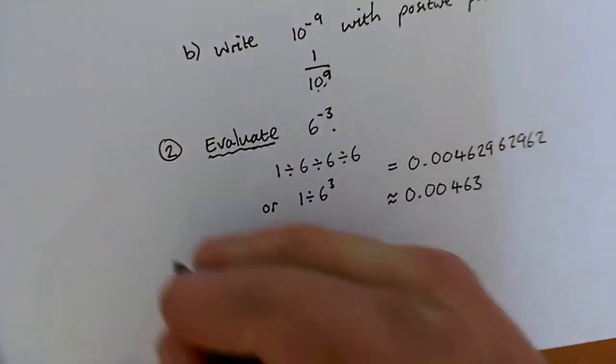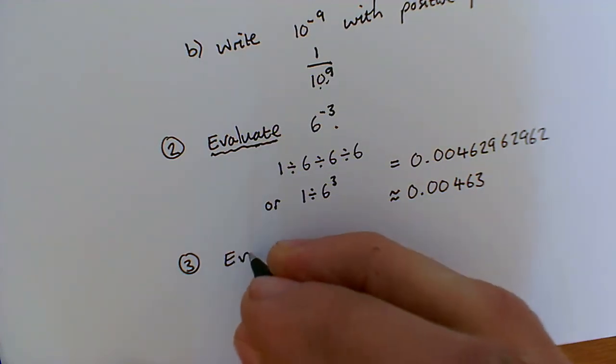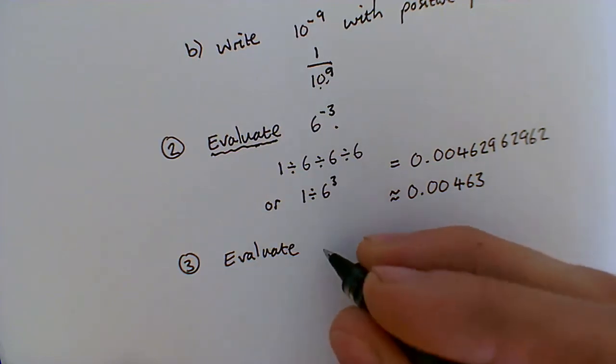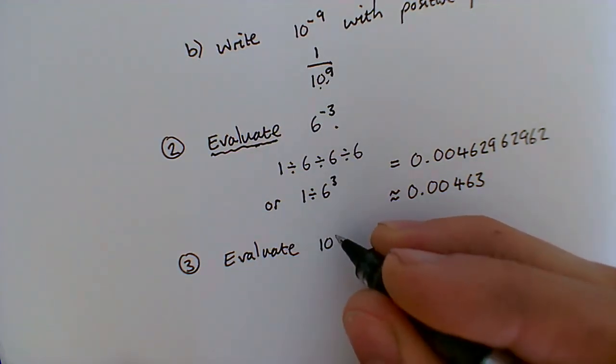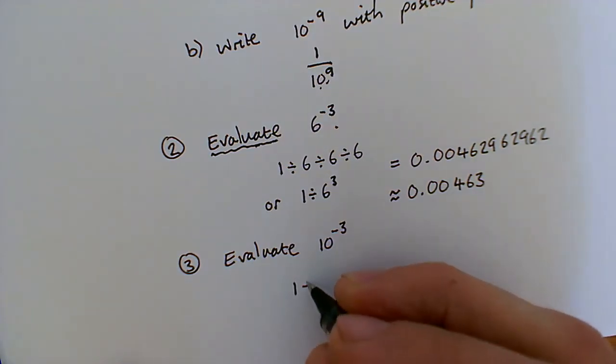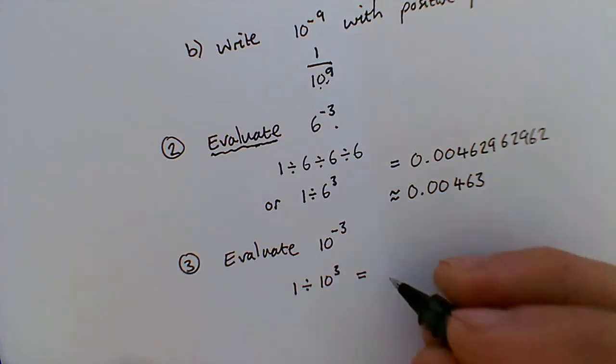Okay, I'll do one more evaluate question. So this time I want to evaluate, and again, this is going to link in nicely with where we're next, 10 to the minus 3. That is 1 divided by 10 cubed, or 1 divided by 1,000.